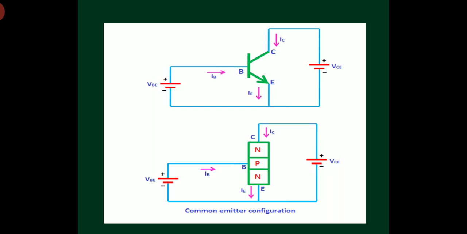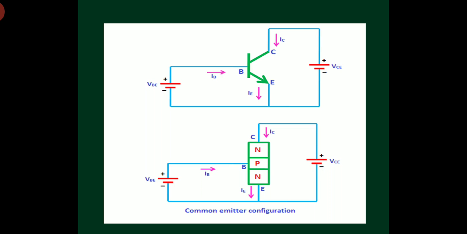In order to make the NPN transistor input junction forward biased, what do I have to do? I have to connect the positive terminal of battery VBE to the base region and the negative terminal of the battery to the emitter region. As it is an NPN transistor, the p-type base is connected to the positive of voltage source VBE, and the negative terminal of VBE is connected to the n-type emitter region.